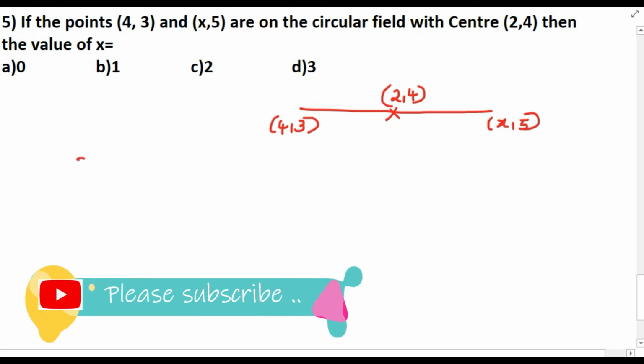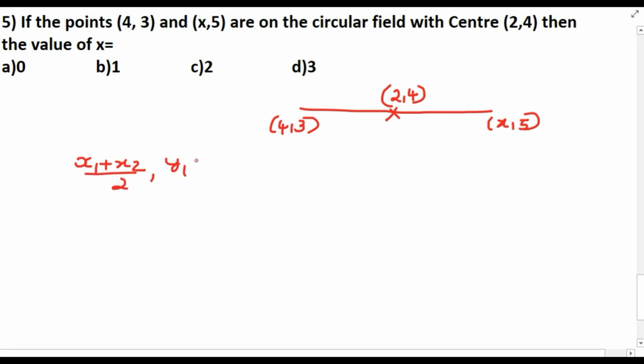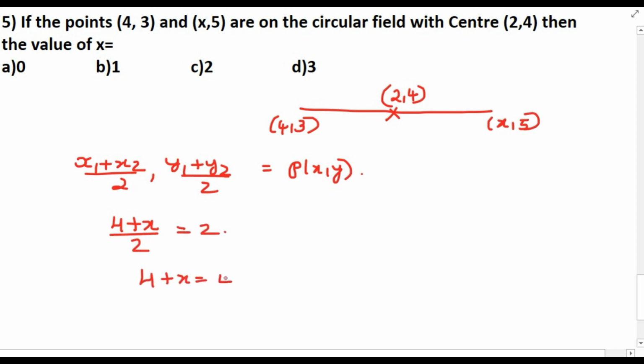The midpoint formula is x1 plus x2 divided by 2, y1 plus y2 divided by 2. So 4 plus x by 2 is equal to 2. So 4 plus x is equal to 4, x is equal to 4 minus 4, so the value of x is 0.